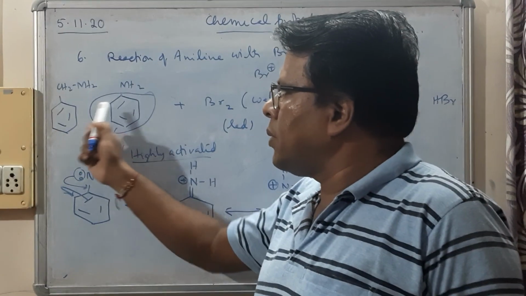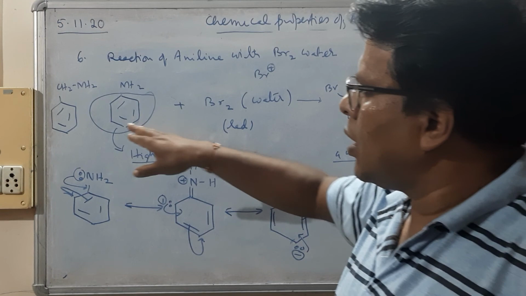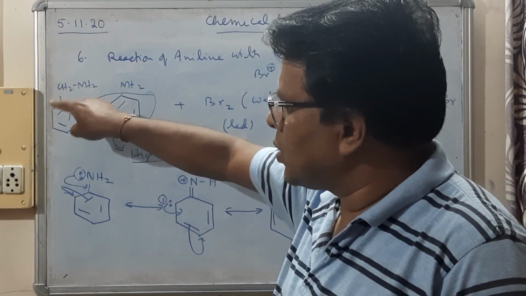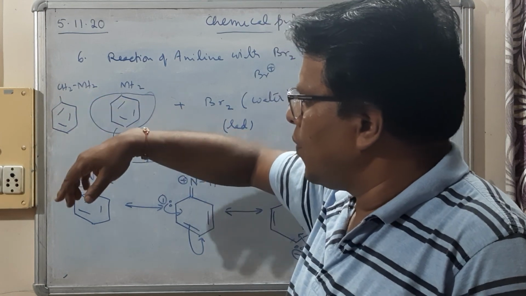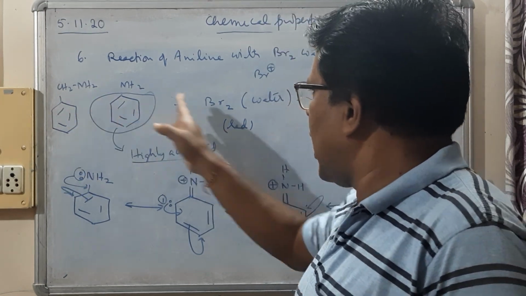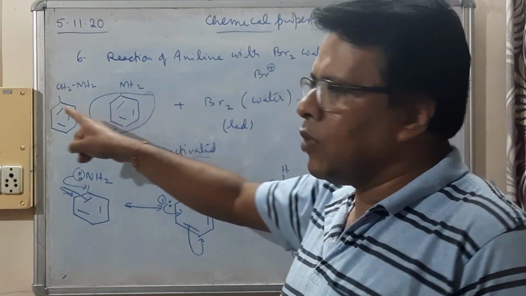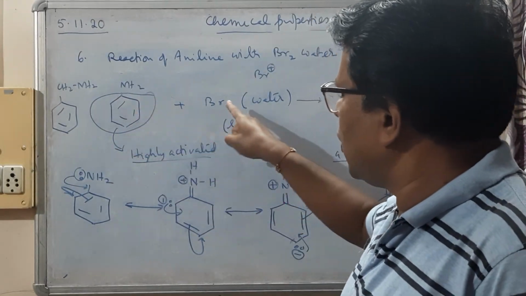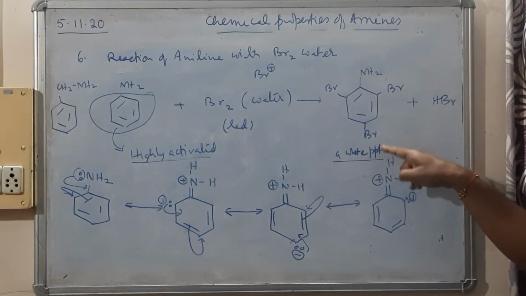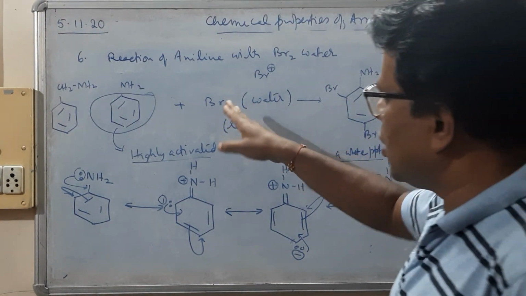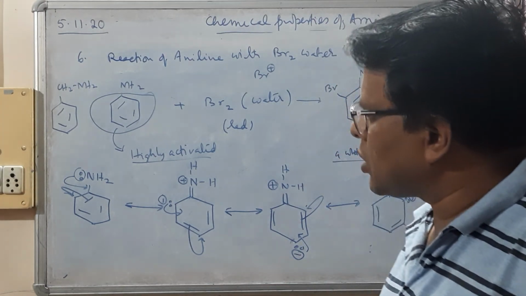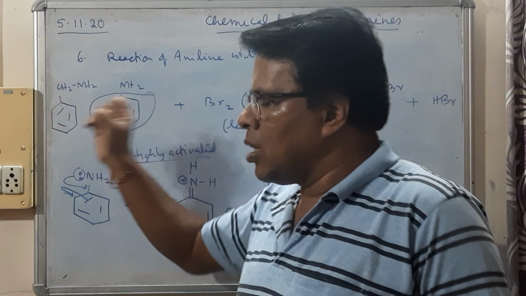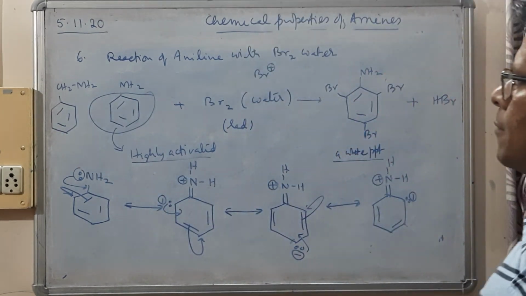Because of this CH2, resonance will not take place and the ring is not activated here, so this reaction will not happen with benzyl amine. Aniline with bromine water will give a white precipitate, and this reddish brown color of bromine water will be discharged, and this doesn't happen in case of benzyl amine.